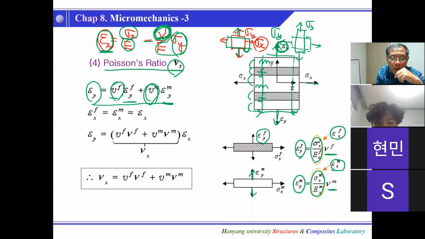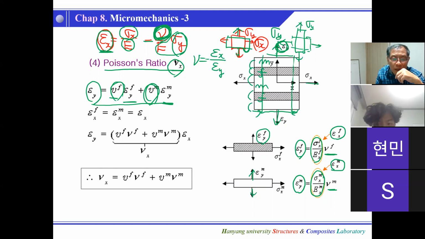Again, for the fiber, the Poisson's ratio is always given like EX and EY. You can say, in this case, Y directional strain versus X directional strain.